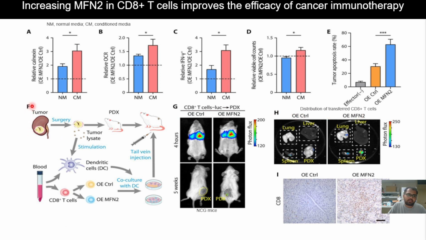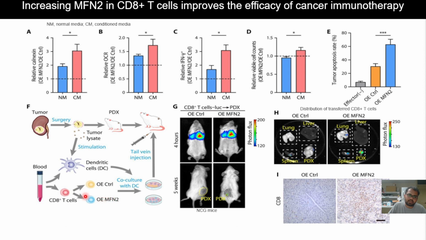Furthermore, this is how they did these experiments. In this case, they isolated the tumor, then they made tumor lysates. These tumor lysates were used to stimulate dendritic cells. These dendritic cells were previously isolated from the blood, and then they were co-cultured with the CD8 T cells, which are expressing OE control versus the MFN2.